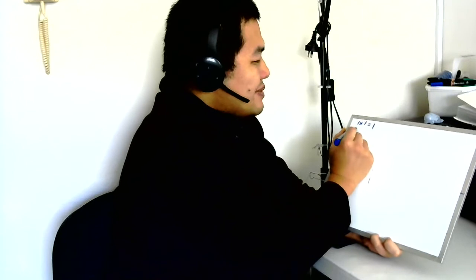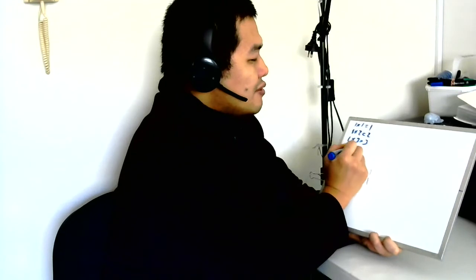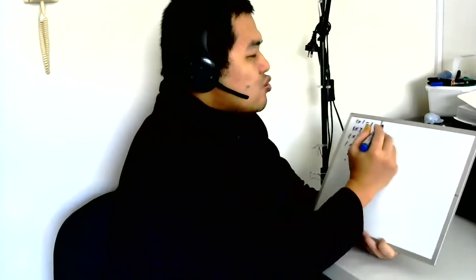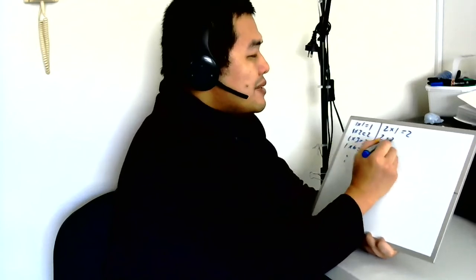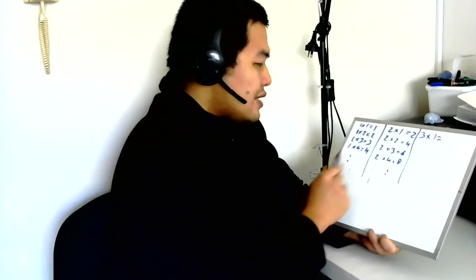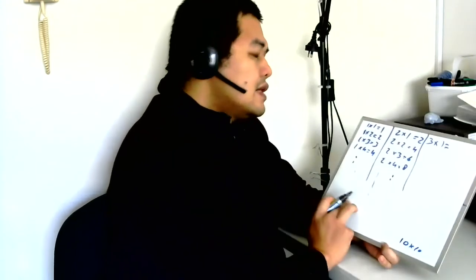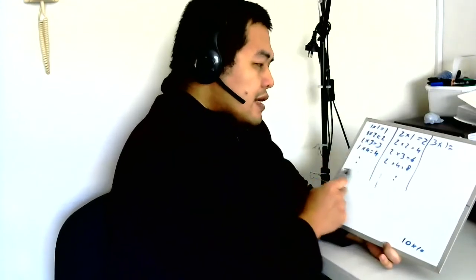For example, we have a table like 1 times 1 equals 1, 1 times 2 equals 2, 1 times 3 equals 3, 1 times 4 equals 4, and so on. The next one is 2 times 1 equals 2, 2 times 2 equals 4, 2 times 3 equals 6, 2 times 4 equals 8, and so on. Then you continue with 3 times 1, and so on until 10 times 10. I think it is good to give them something like this.